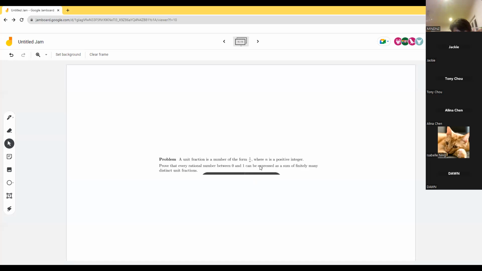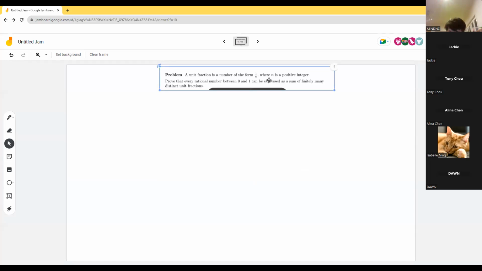And now for a problem that I found using monovariants. See if I can share it. Okay, that's the problem.